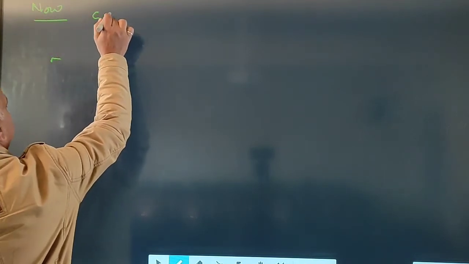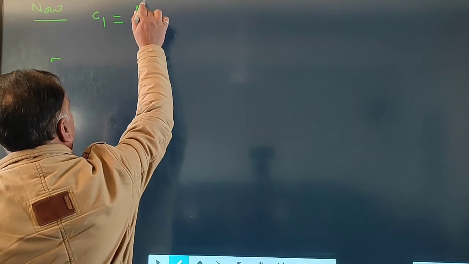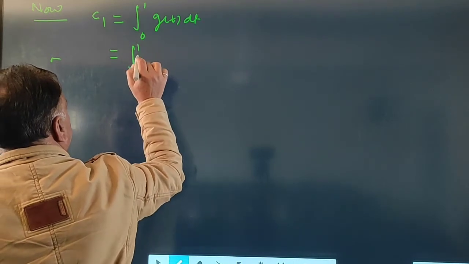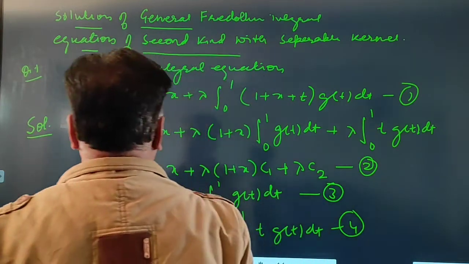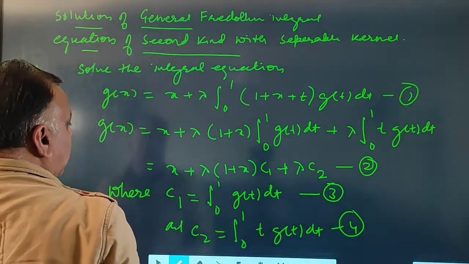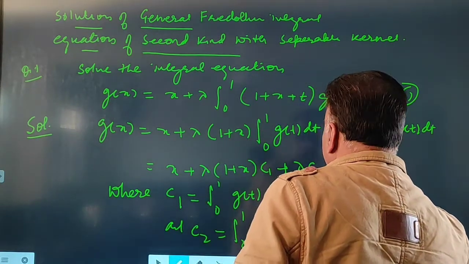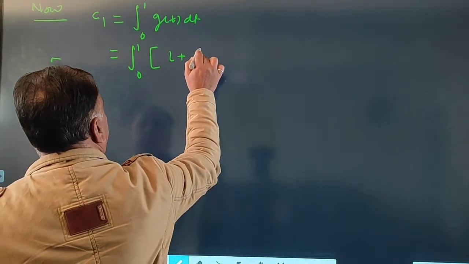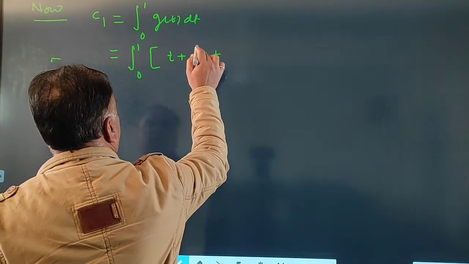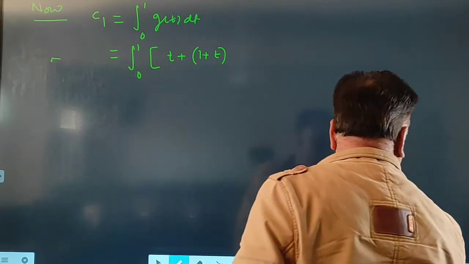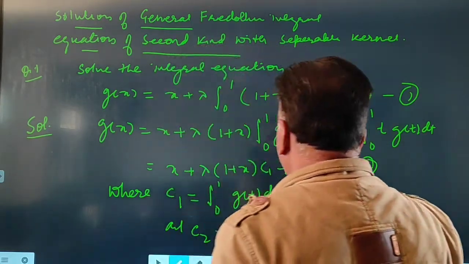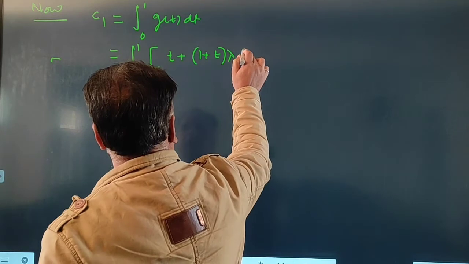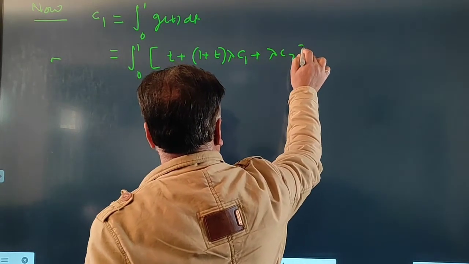Now we have to calculate the value of c1, which is the integral from 0 to 1 of g(t) dt. g(x) is given, so putting the value of g(x) = x + lambda (1 + x) c1 + lambda c2, we get c1 as the integral of t + (1 + t) lambda c1 + lambda c2 dt.